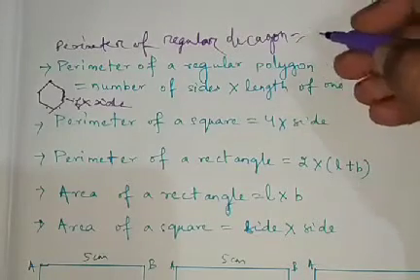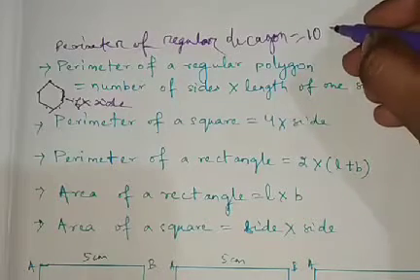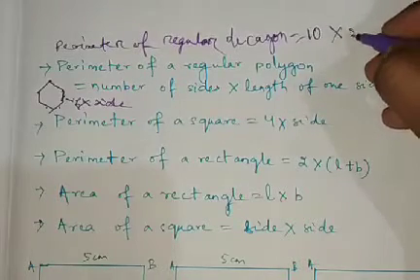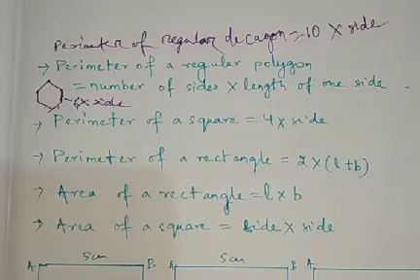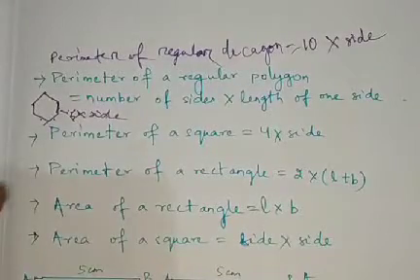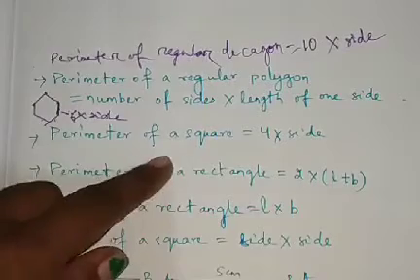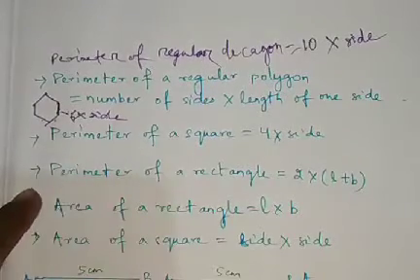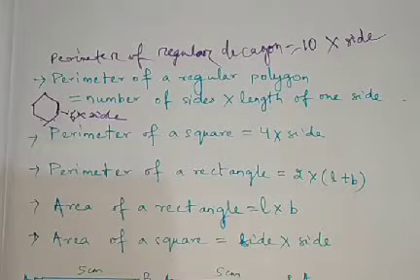A decagon has 10 sides, so 10 into side. 10 into the length of one side means 10 into side. This is about the perimeter of a regular polygon. Next, perimeter of a square is 4 into side. Perimeter of a rectangle is 2 whole into length plus breadth.